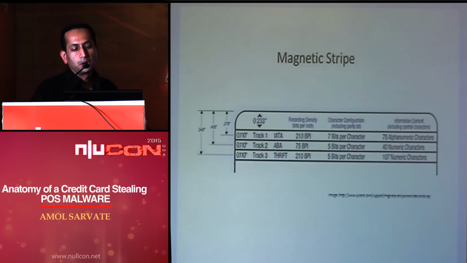This is what is typically on the magnetic stripe of your credit card. So the magnetic stripe is pretty simple. If you remember the days of tapes, not all of you here are from the MP3 generation, right? Some of you at least have used physical CDs for your music.